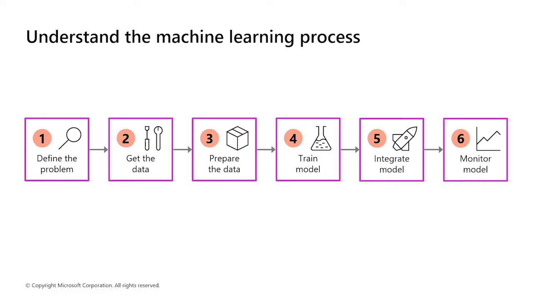Then we'll train the model. We need to choose an algorithm and hyperparameter values that give us the most accurate model. We then need to integrate that model into production, which means that we need to deploy the model to an endpoint that could be consumed to generate predictions. And lastly, we can't forget that we need to monitor the model so that we know how it's performing over time.